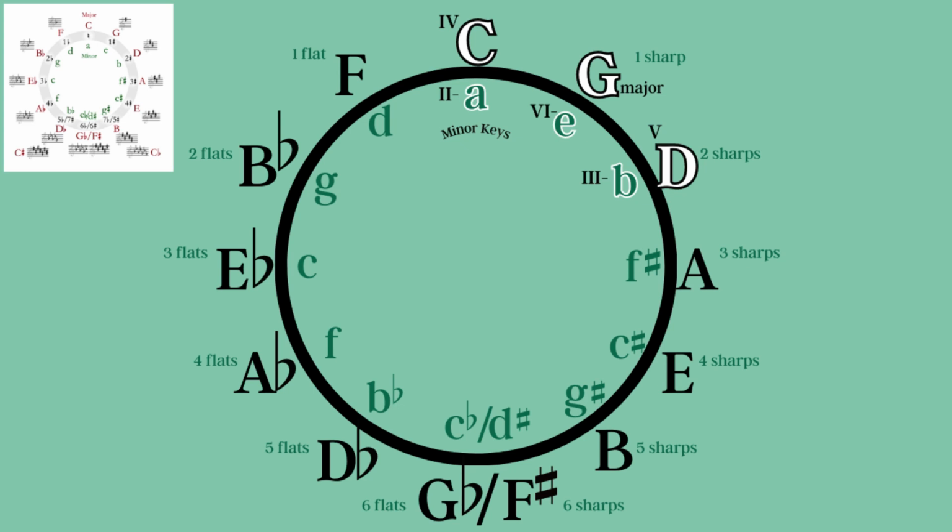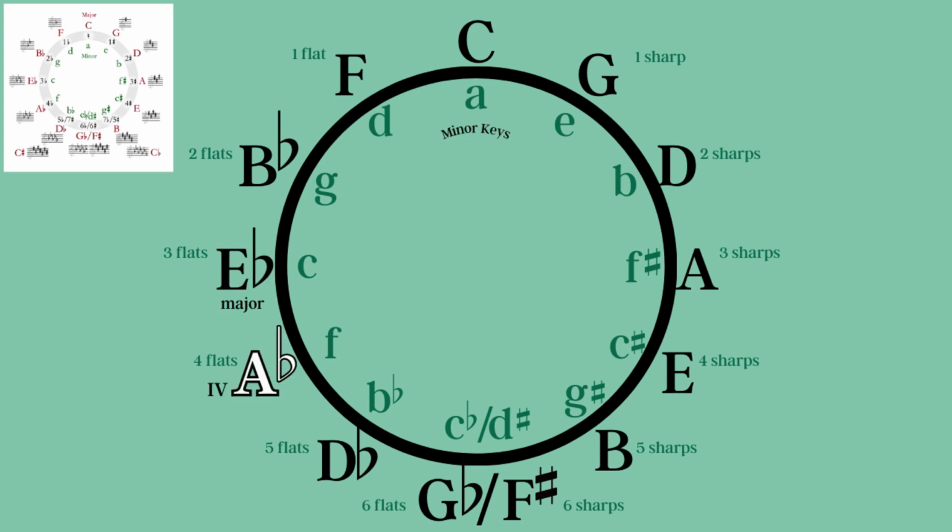But you could also use that to build progressions in any key. Let's say you wanted to figure out the 4-5-1 pattern in the key of E flat. Or you wanted to find the 2-5-1 pattern in the key of B. How about the 6-4-1-5 in the key of A flat?